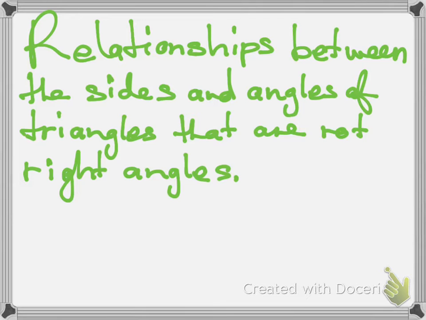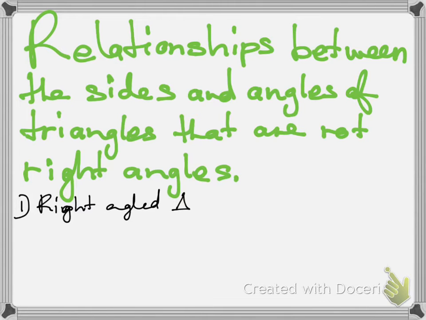So the types of triangles we have, when we look at their angles, we've got number 1, a right angle triangle. This one, when you want to solve to find the dimensions of the sides, you use Pythagoras.